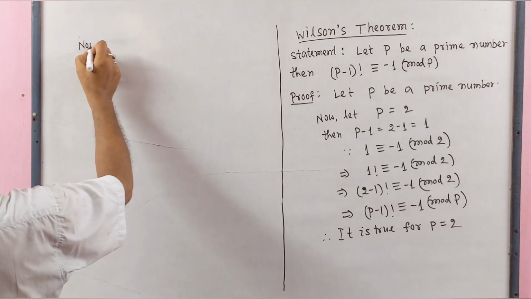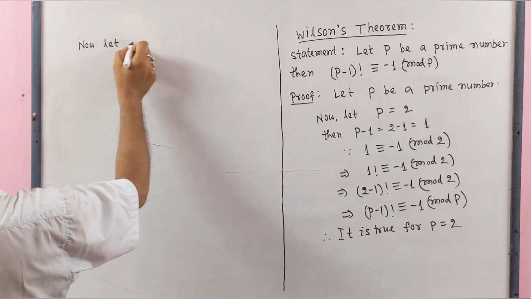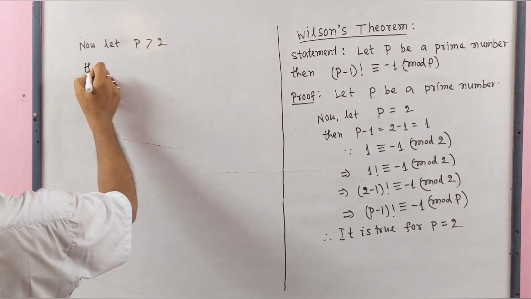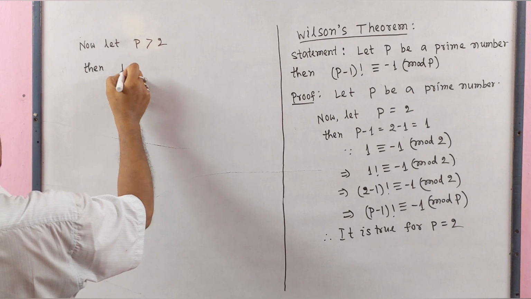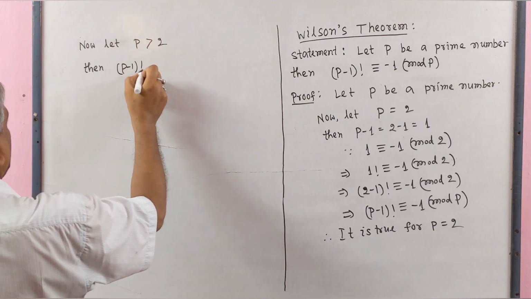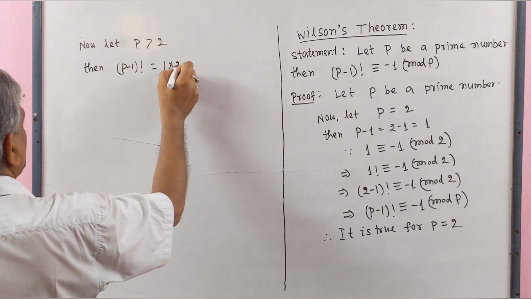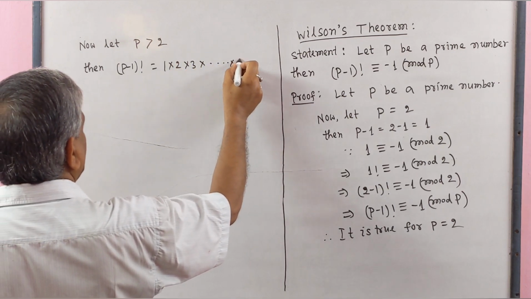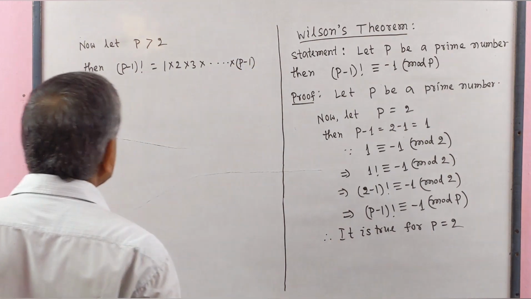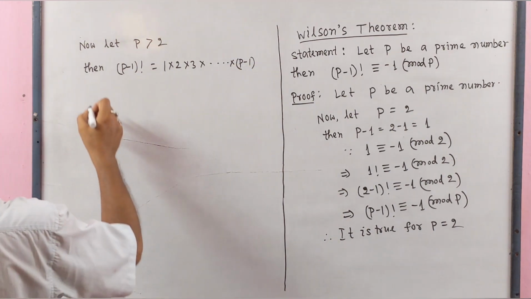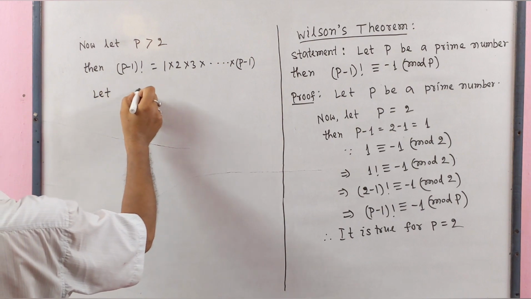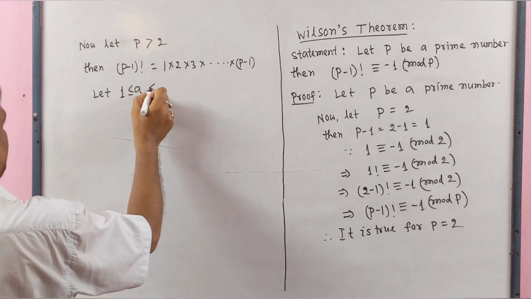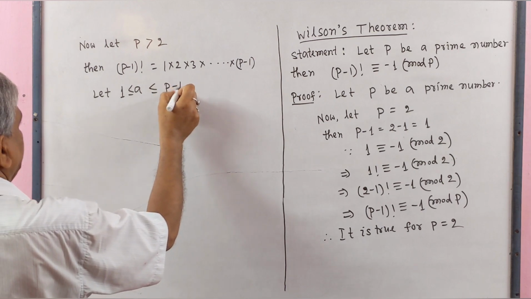Now, let p be greater than 2. Then factorial p minus 1 equals 1 multiply 2 multiply 3 multiply dot dot dot multiply p minus 1. Let a be such that 1 is less than or equal to a, less than or equal to p minus 1.